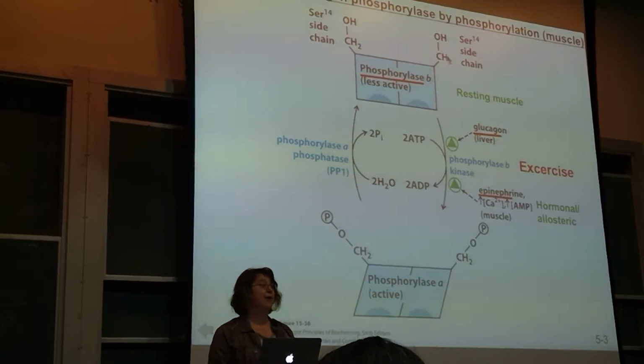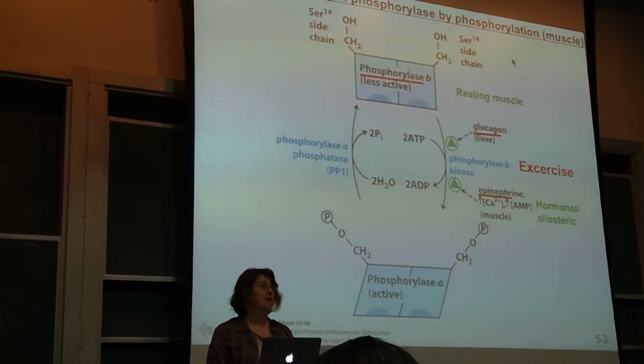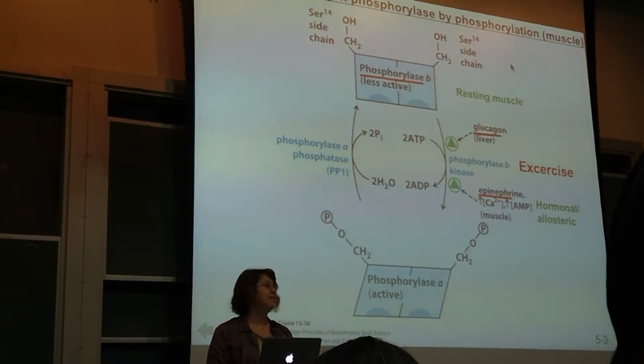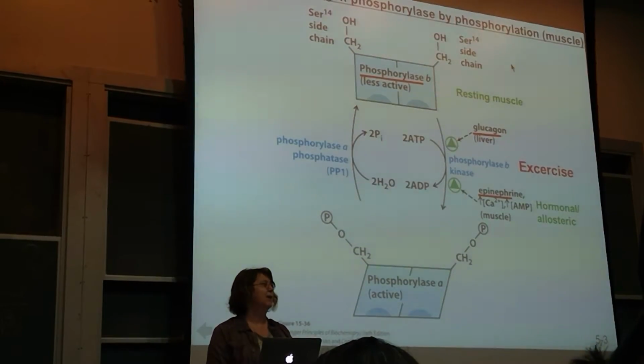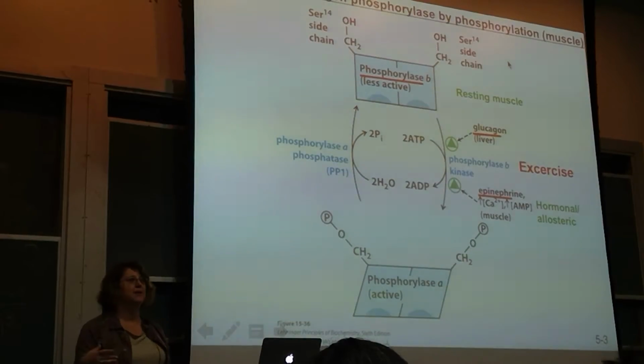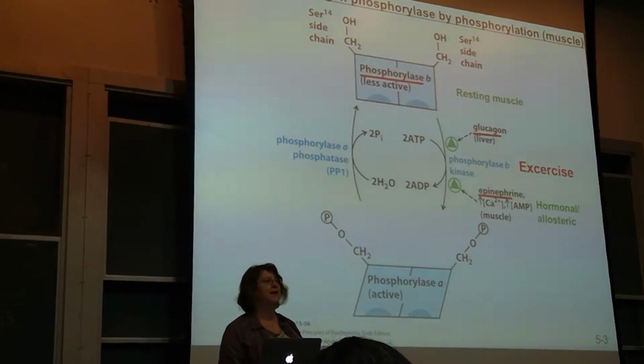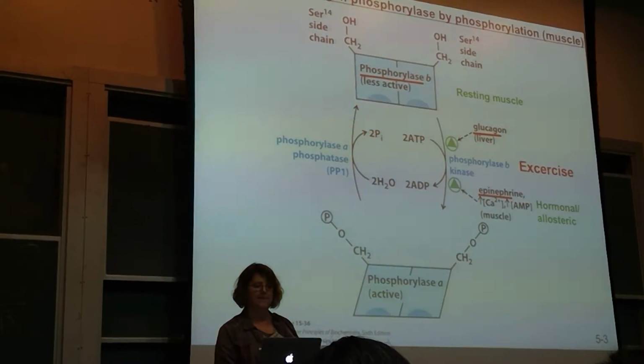We actually now know the motifs that are recognized by a lot of these kinases and phosphatases, and you can plug your protein into a database that will predict phosphorylation sites and the type of kinase or phosphatase that would work on them. Then you can test it experimentally.